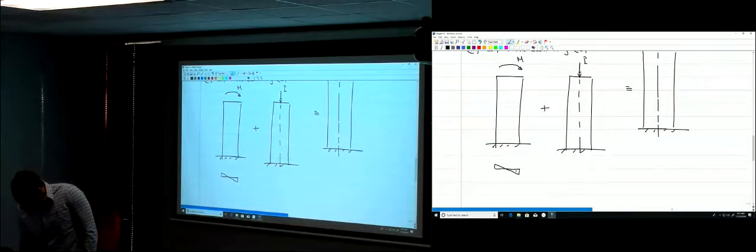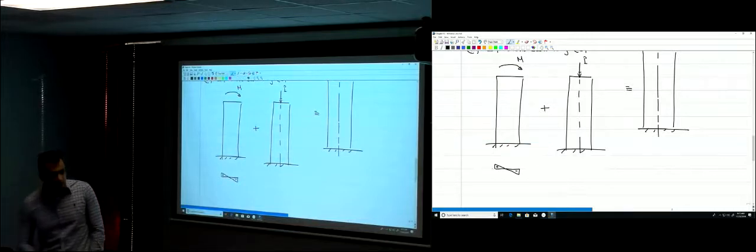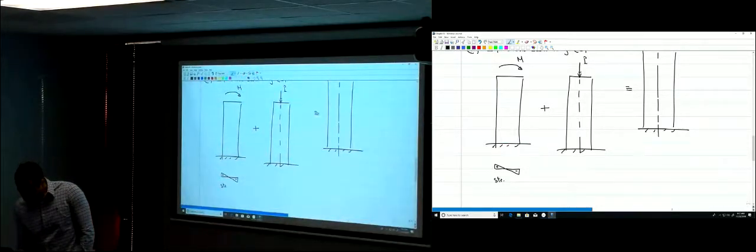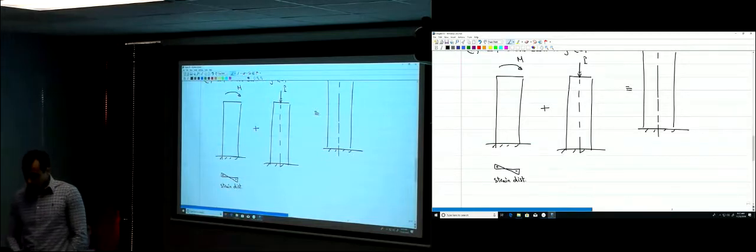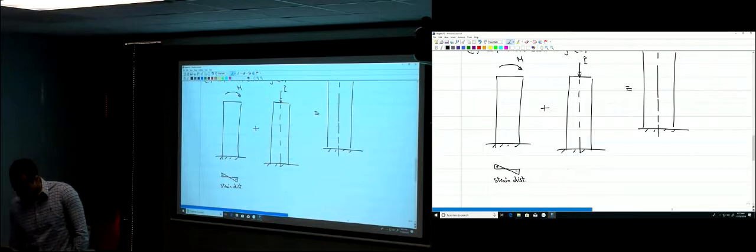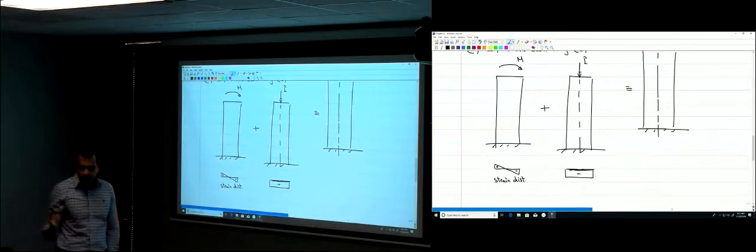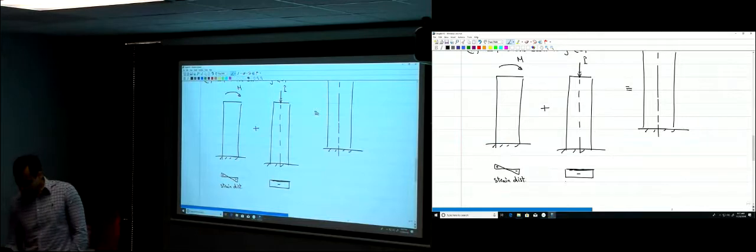Here this is compression, and here this is tension. When you have only an axial force, how does the strain distribution look? Uniform or constant. It's all compression. You have a compression force. It's all compression strain. This is the strain distribution.